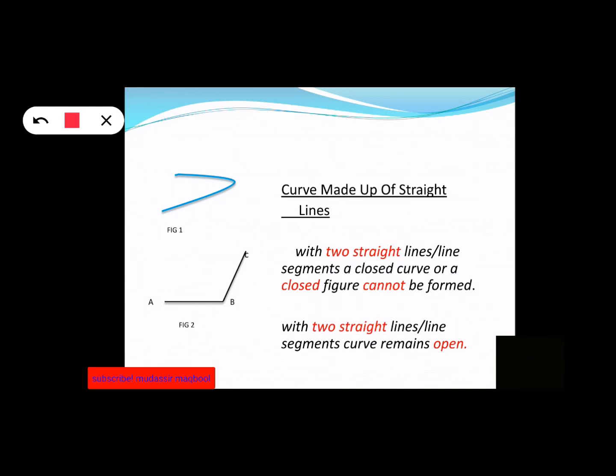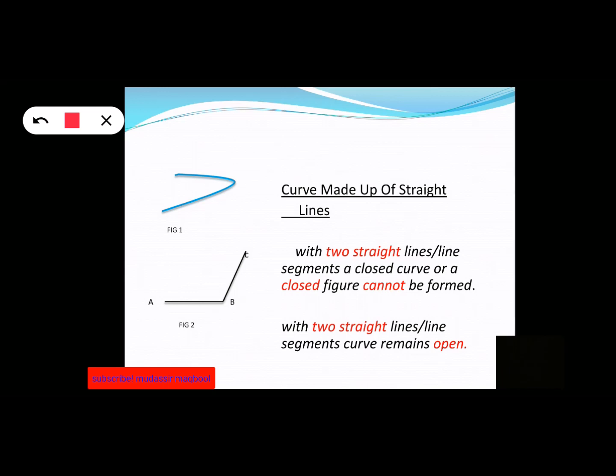In figure 2, we have two different line segments, AB and BC. In line segment AB, there is no curvature, there is no bend in AB, so AB is a straight line segment. Same is the case with BC.